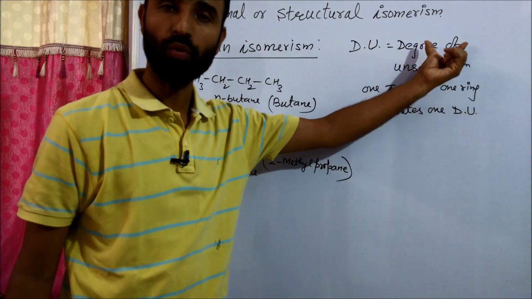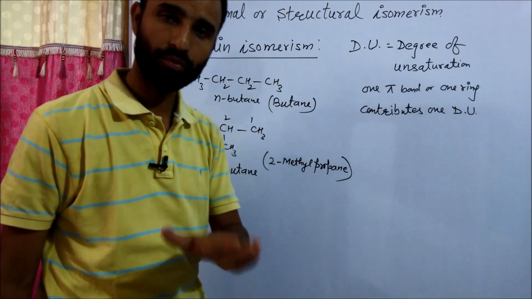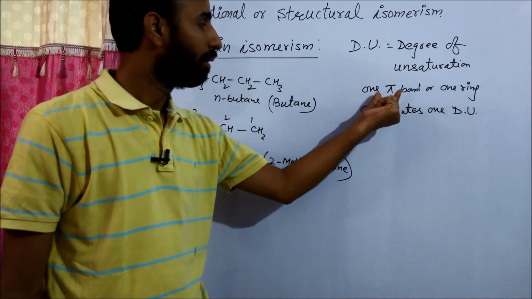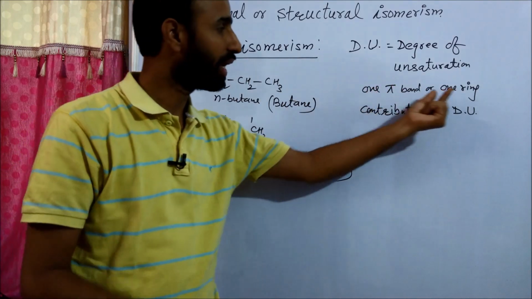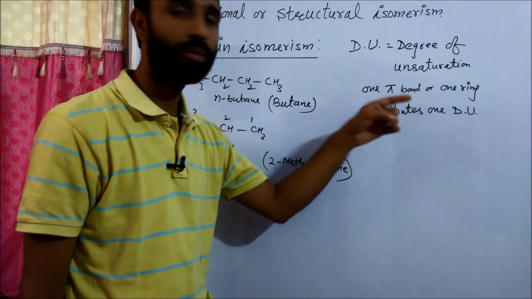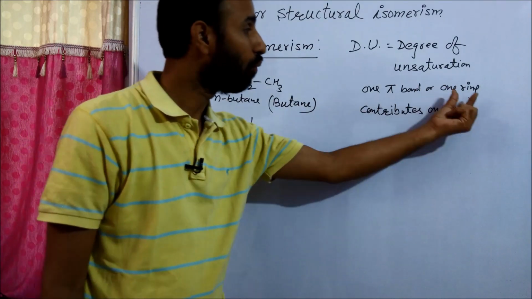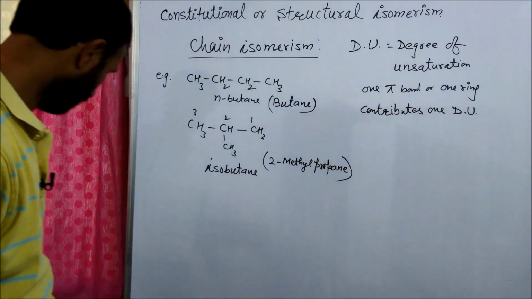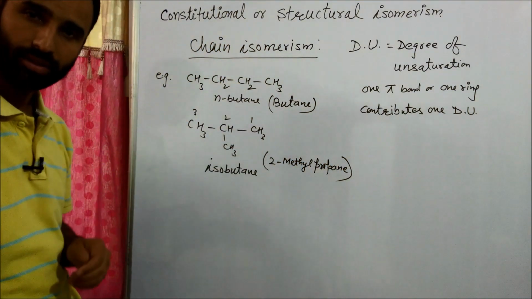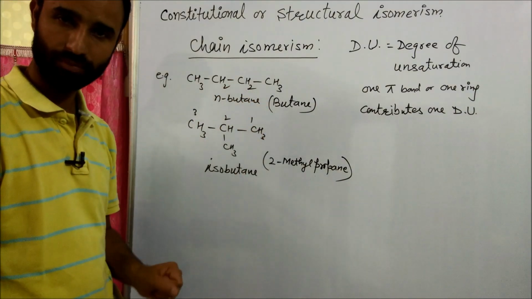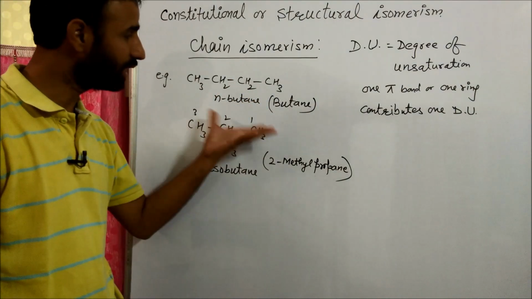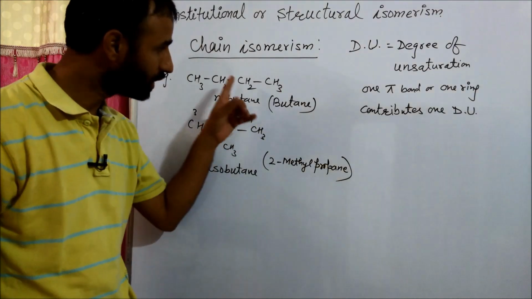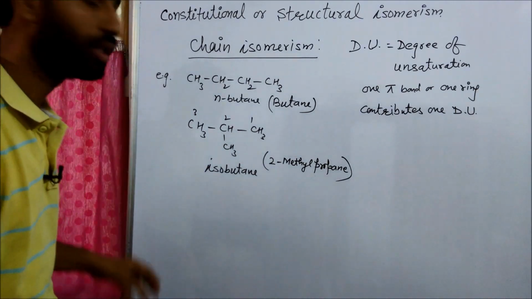So the degree of unsaturation should be the same for isomers, and the degree of unsaturation is counted by calculating the number of pi bonds and the number of rings. One pi bond, 1 degree of unsaturation; one ring, 1 degree of unsaturation. For example, in this case, there is no pi bond, no ring. So what is the degree of unsaturation? 0.